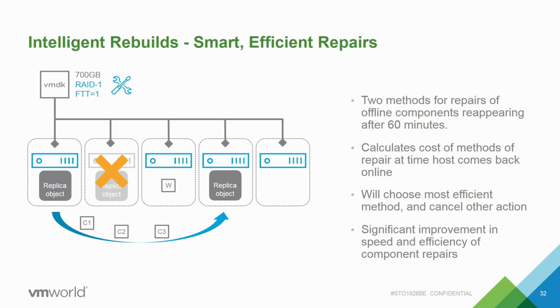So with vSAN 6.6, we have the ability to make the determination: if a host comes back during the time in which a rebuild is active, it's going to analyze what the current state is, and it's going to make the call on which method it should use. Should it simply resync or update the host that just came back online, or is it going to continue with the rebuild on that new pristine host where there was never any data on there?